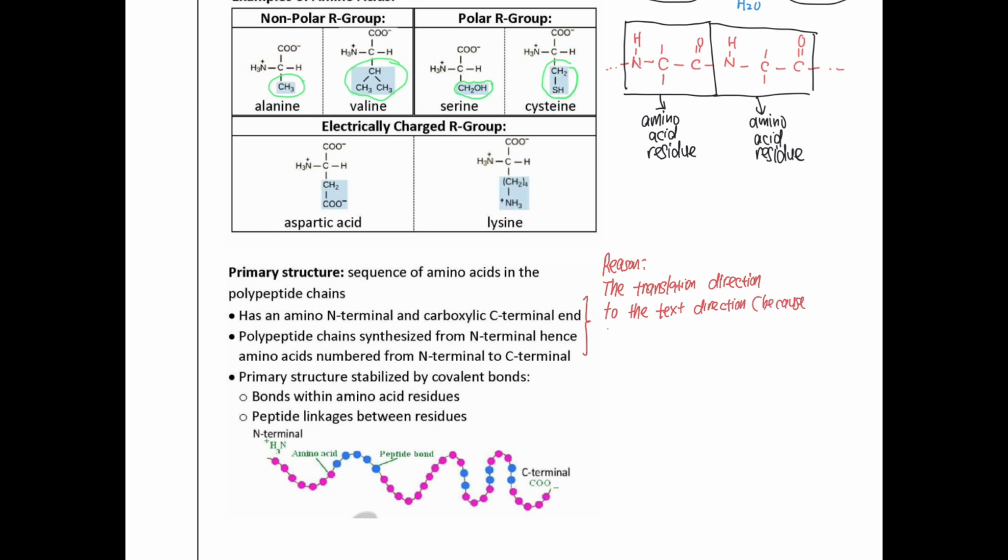When a protein is translated from messenger RNA, it is created from the N terminus to the C terminus.